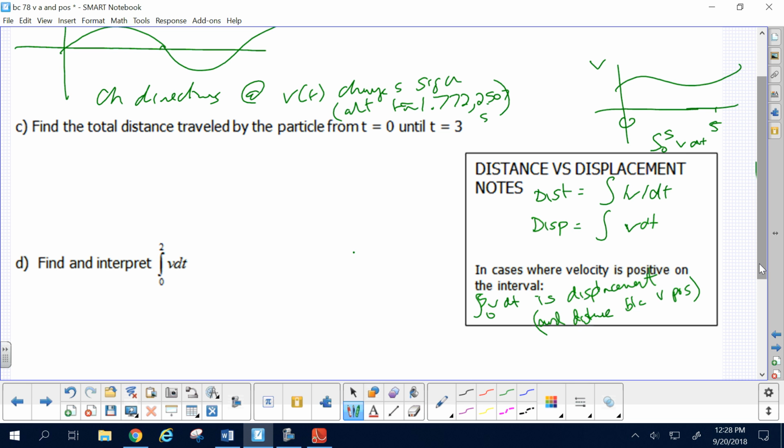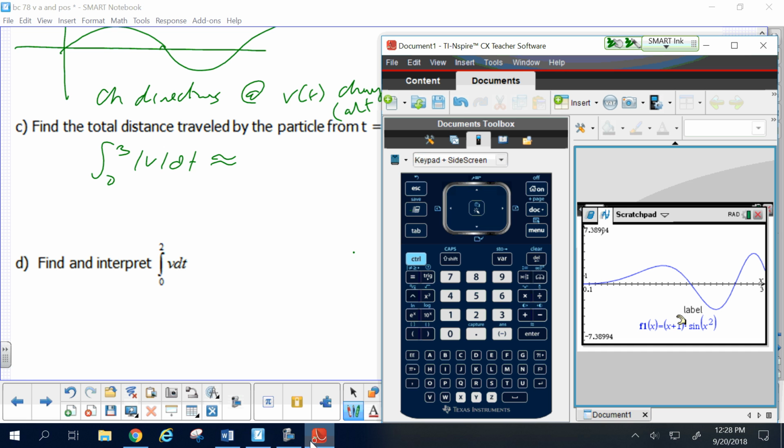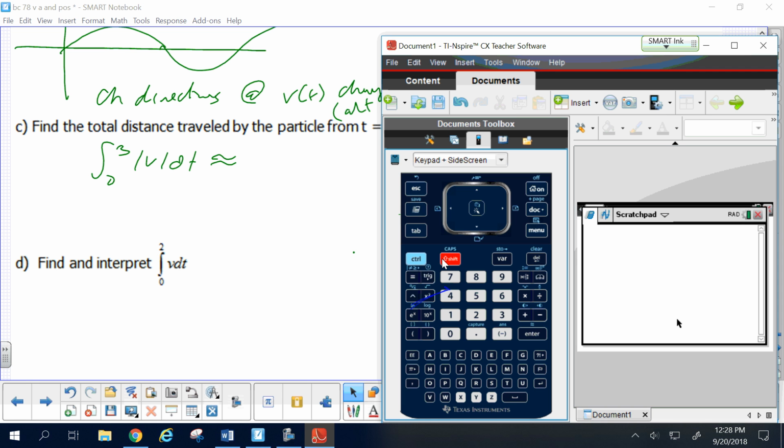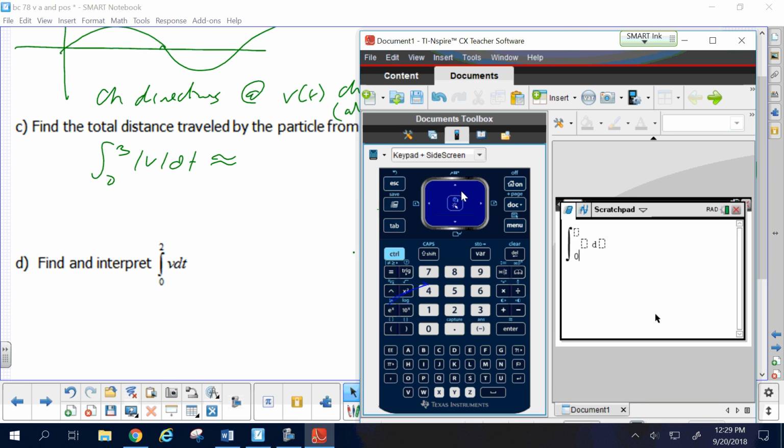So if I wanted the total distance in this case, what am I going to do? Integrate v or integrate the absolute value of v? Absolute value of v. And if I do that, what do I get? On the calculator, from 0 to 2, the integral of the absolute value of the function of x.